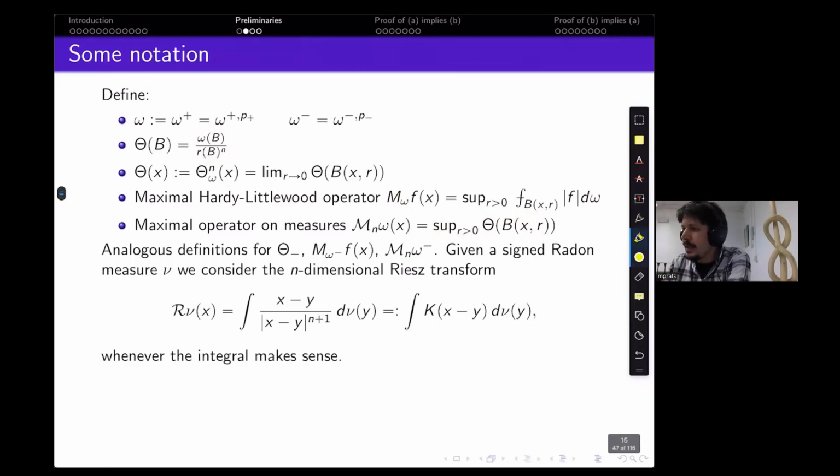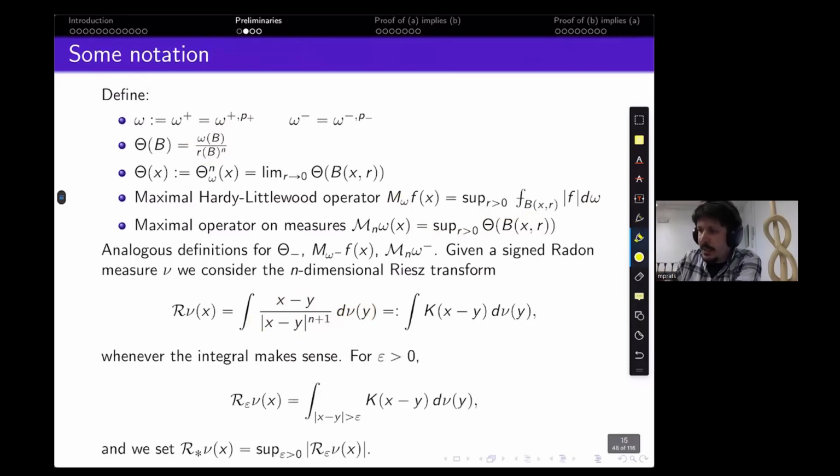Now, given a Radon measure, you can take the n-dimensional Riesz transform as usual with this kernel, working against the measure nu. And whenever this makes sense, sometimes it doesn't, but it always makes sense if the measure is, let's say, finite, I guess, or a bit more general also.